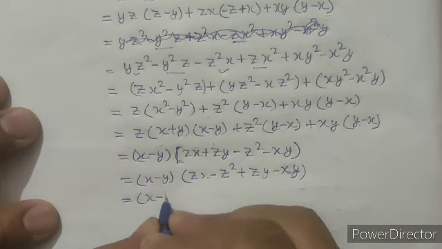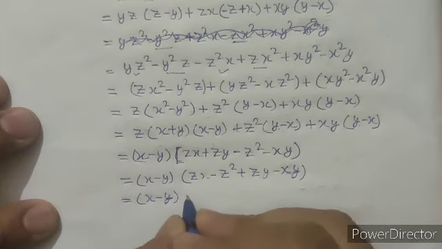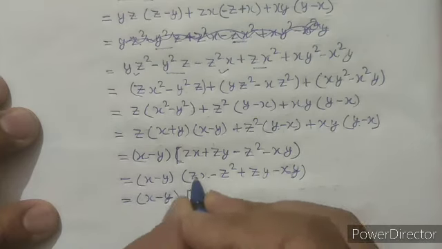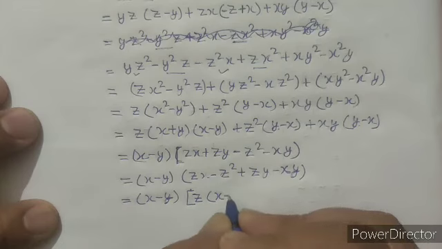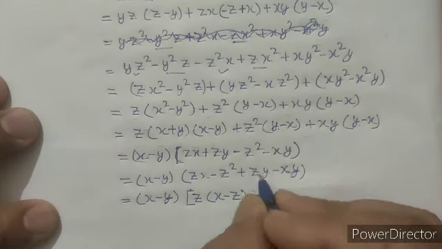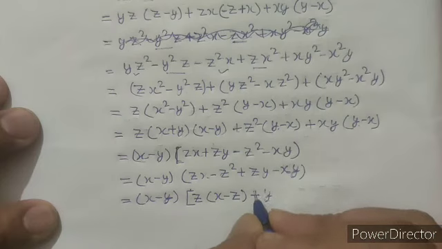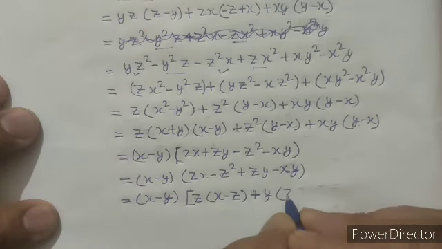Now in the first two we can take z as common, and that will be equal to z into (x minus z) plus y into (z minus x).